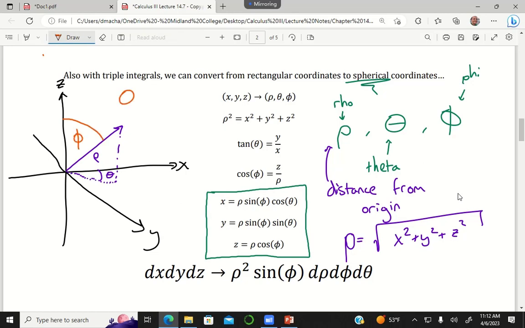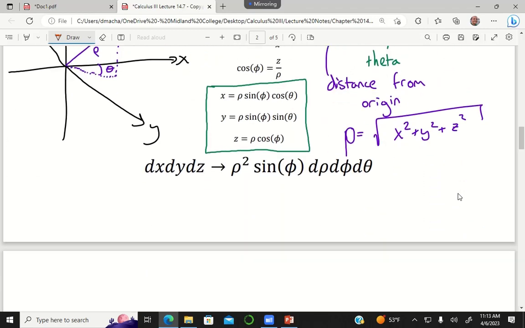And so we say that phi can be anywhere between 0 and pi. So if phi is 0, then you're talking about the direction that's pointed up along the z-axis. If phi is pi, then you're pointing down along the negative z-axis. And anywhere in between 0 and pi, phi is pointing farther and farther away from the positive z-axis. Okay. So that's a review of spherical coordinates.